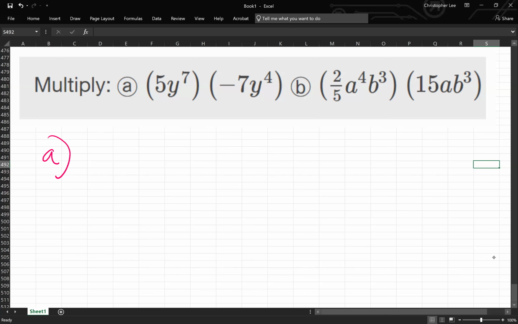Negative 35. Very good. And then what's y to the 7 times y to the 4? It becomes y to the, what is it? Very good. And that's it. All right. Questions on that? Remember, we just add the exponents.